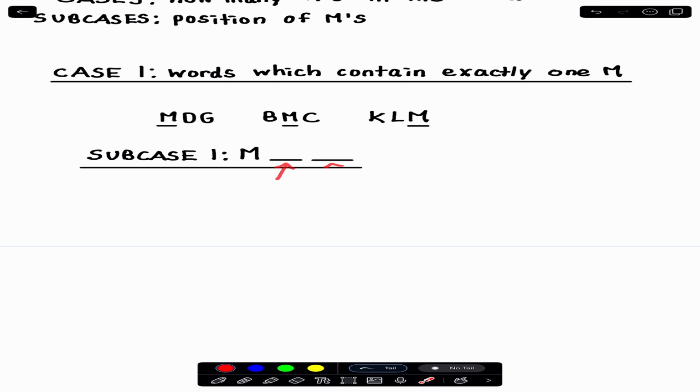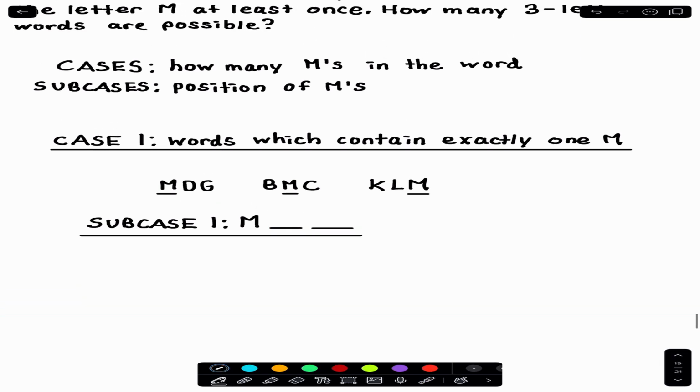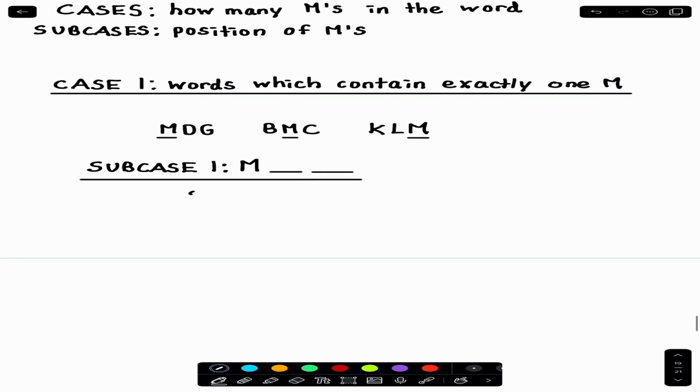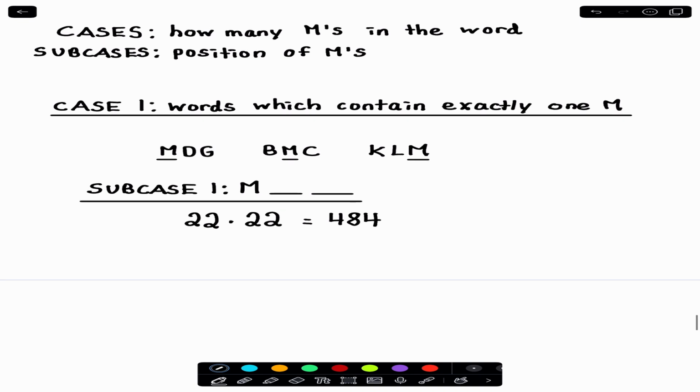So notice that if we have exactly one M, that means these two positions cannot be M's, which means that instead of 23 choices, now we have only 22 for each of them. Basically any letter besides an M. This gives 484 possible words of this form.